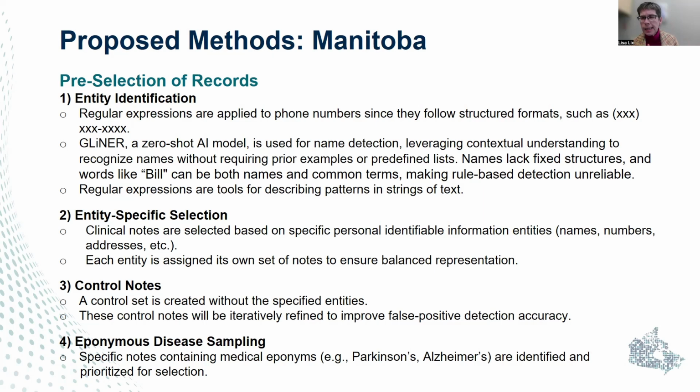And then within the team, there's been a lot of discussion about eponyms. So how we deal with disease names that could also be mistaken for individual names, for example, and ensuring that we have a sufficient number of these notes that have medical eponyms in them and are included in the selection process.